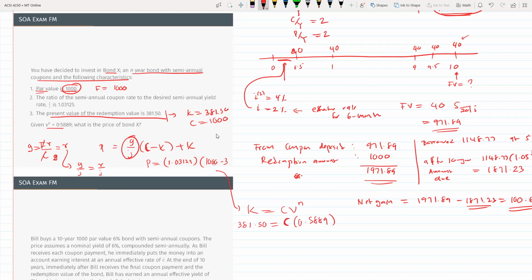From here I can get C. So C is 381.50 divided by 0.5889. And let's see what I get. It's going to be 647.